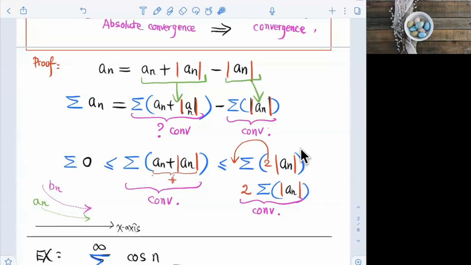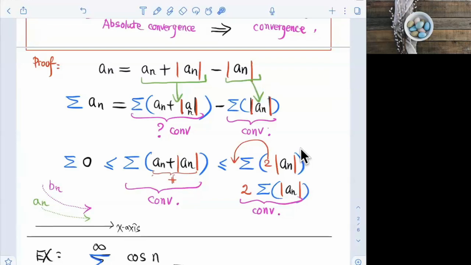So that is going to be bounded below by 0 and bounded above by this. For this one, you can take out the 2 because it's a constant multiple, so take out the 2 in front of the summation sign. Then you have 2 times this. But we already know this one here converges, so 2 times that will also converge. So this is convergent, this is convergent.